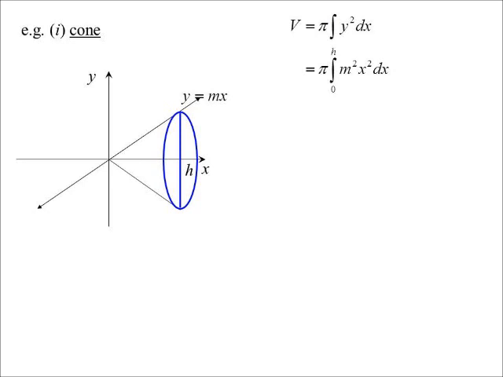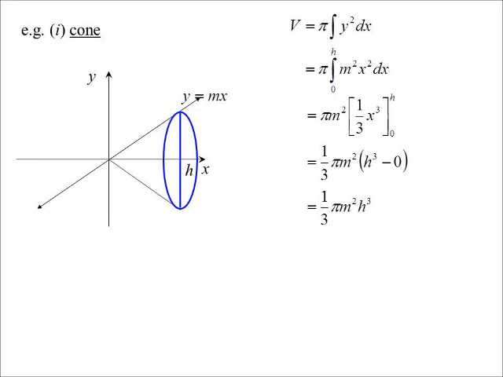Well, y is mx, so I'm going to integrate m squared x squared. M squared is just a constant, so I could pull that out the front. And integrate the x squared, 1/3 x cubed. Substituting h, substituting 0, and there's the formula for the volume of a cone. 1/3 pi m squared h cubed. I'm sure you recognise it.